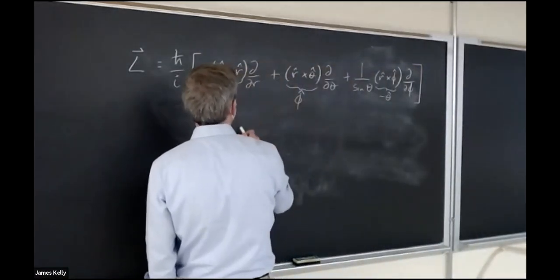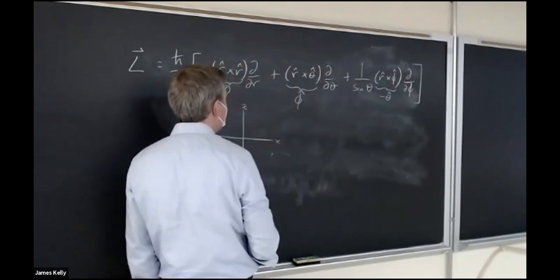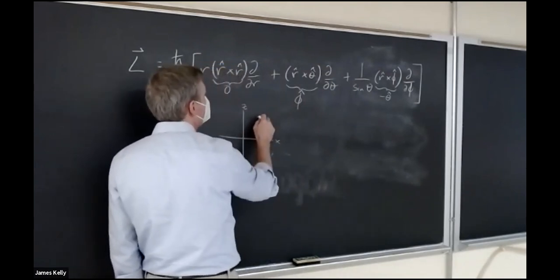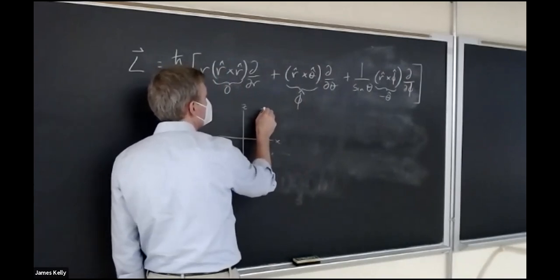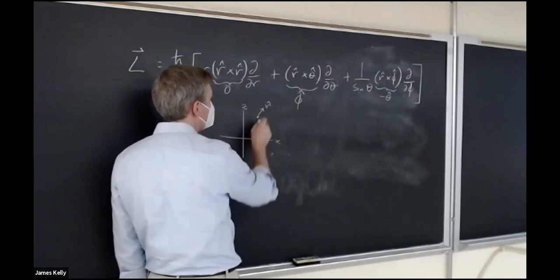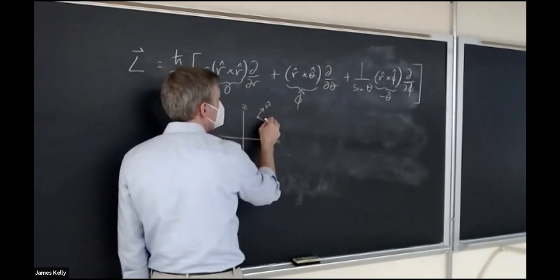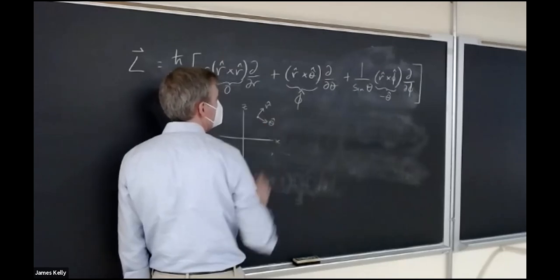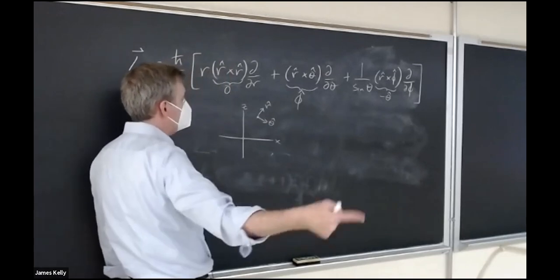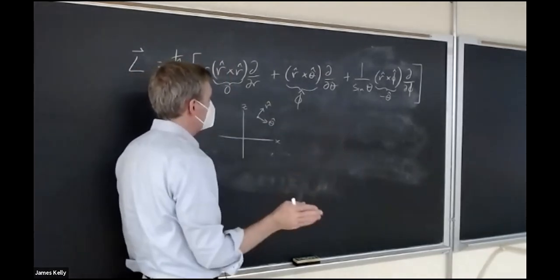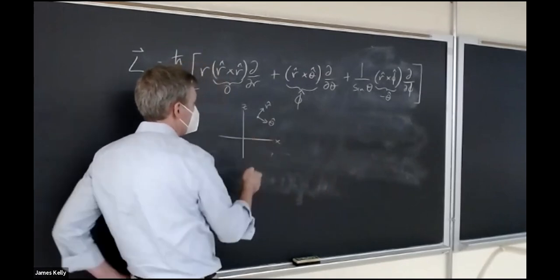But let's just draw a little picture maybe to convince you of that. Here's the x-axis, here's the z-axis. Here's a randomly chosen point in space. At that point, r hat is a unit vector pointing away from the origin, right? Theta hat points in the direction of increasing theta, and phi hat points around in that direction. It goes from the plus x towards the plus y axis, which is actually into the board.